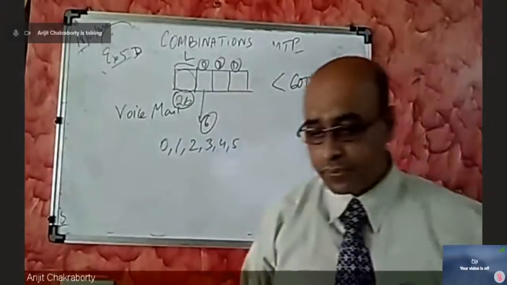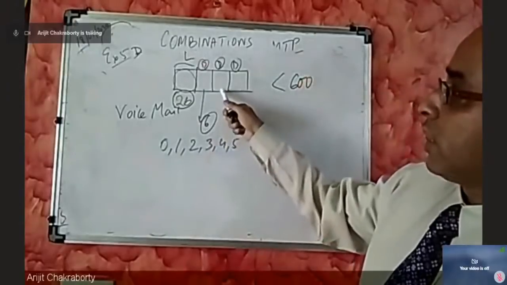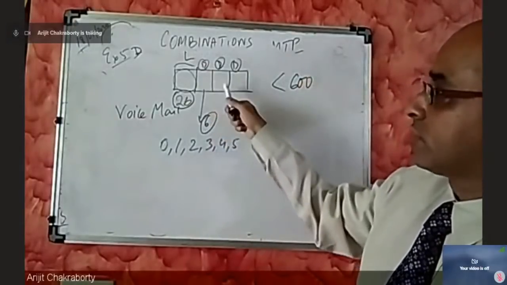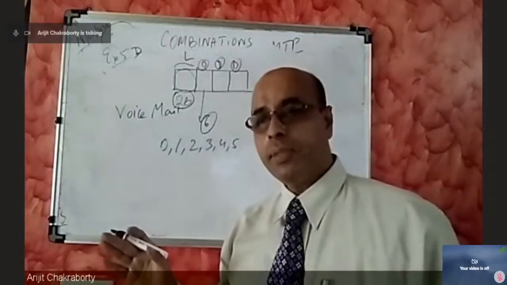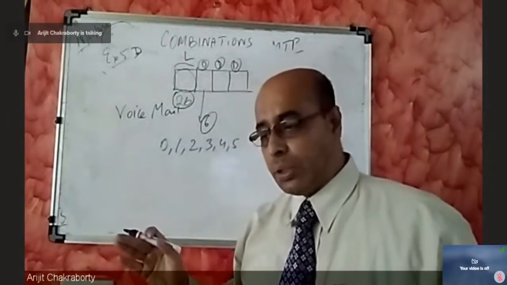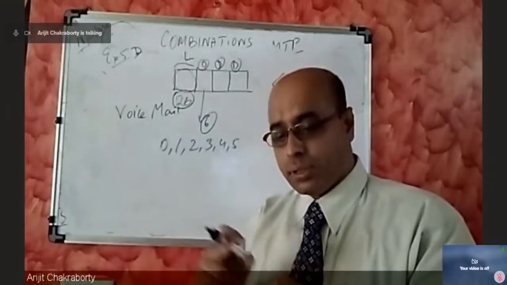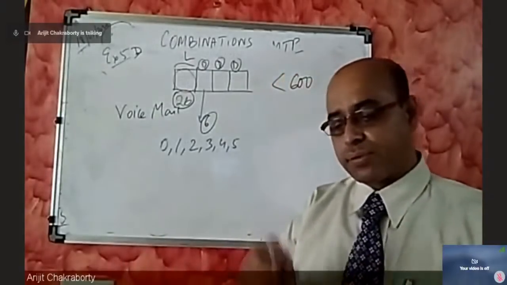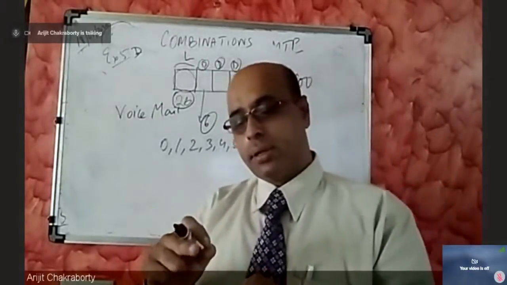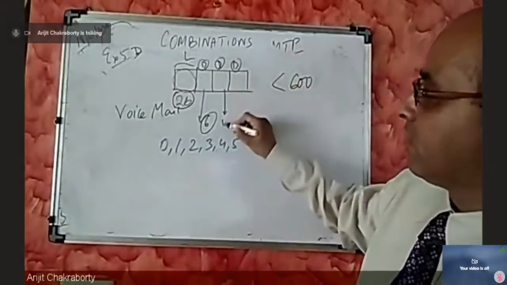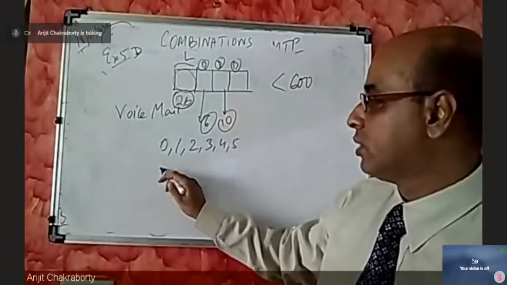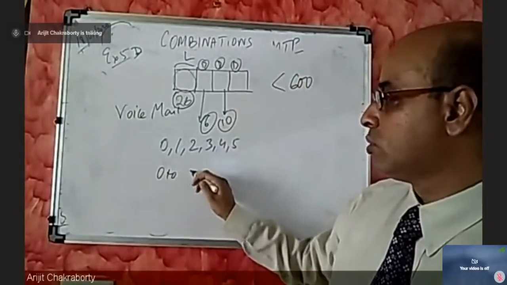Now the second digit. The first digit is over. The second digit can be any number, right? So you can have 0, 1, 2, 3, 4, 5, 6, 7, 8, 9. So 10 numbers, and you can have any of them, 10.